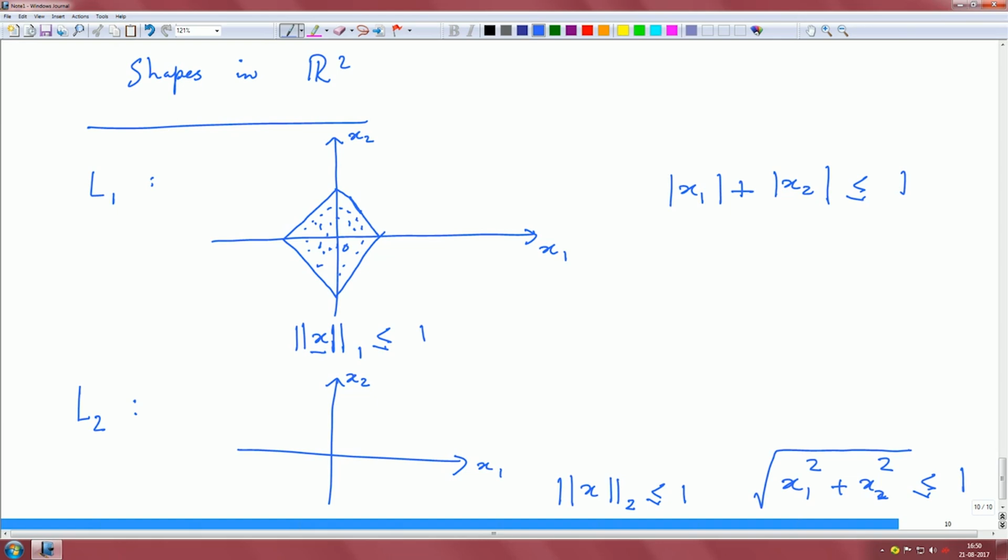Square both sides, you will have x1 squared plus x2 squared less than or equal to 1, and we trivially know that x1 squared plus x2 squared equal to 1 is basically a circle, right, centered at the origin. This is from our basic coordinate geometry. So, all our 2 dimensional vectors are lying inside this circle. Clear? This is the geometry.